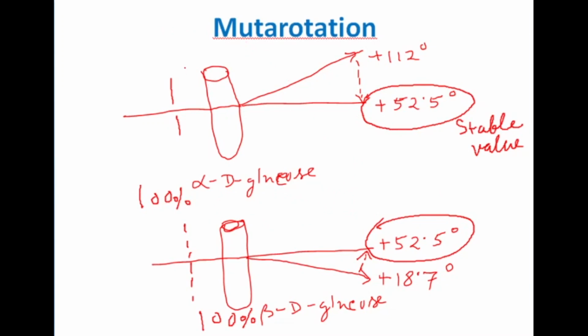As per the syllabus, there is not much about mutarotation, so you just need to understand what it is, and memorize these three values: plus 112 degrees for alpha D glucose, plus 18.7 degrees for beta D glucose, and plus 52.5 degrees, the stable value for both alpha D glucose and beta D glucose.